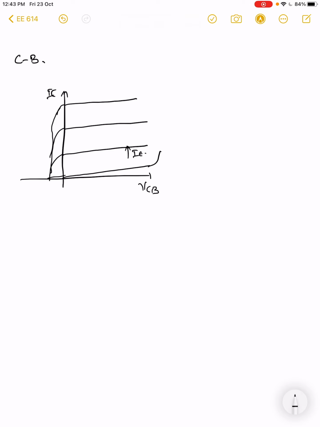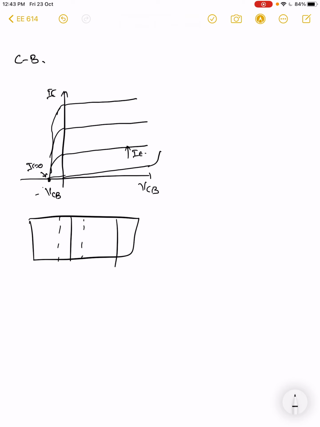And the question is, why does all of them drop to the same? So this is the zero current condition, IC equal to 0 is here, right? Did you think about why all of them drop to the same VCB, some negative value? The reason why IC becomes 0 is, let us take this is the base collector, right?